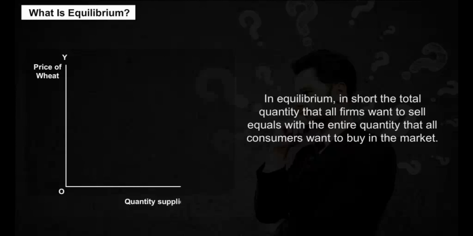Thus, at the price P, the market demand QD and market supply QS become equal at the equilibrium point. Excess demand and excess supply. When market supply is greater than the market demand, we call it excess supply, and when the market demand is greater than the supply, it creates excess demand.